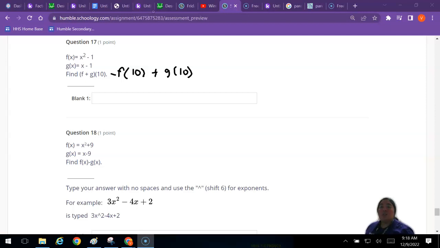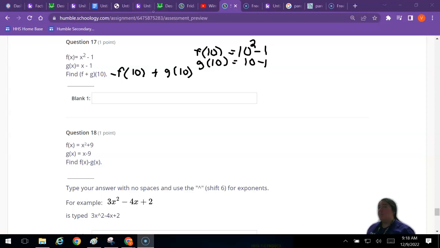So I'm going to do f of 10, which is 10 squared minus 1. And I'm going to do g of 10, which is 10 minus 1.